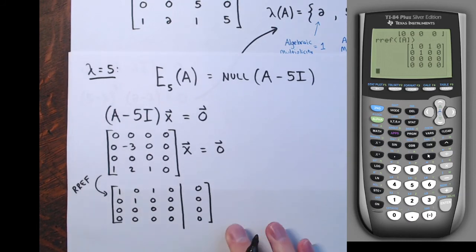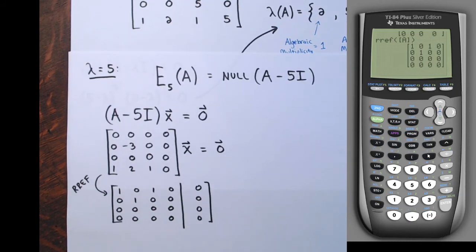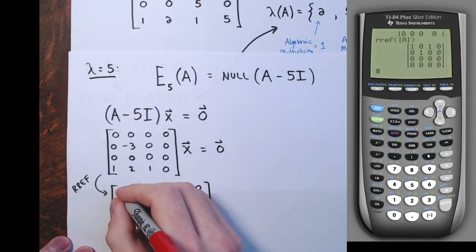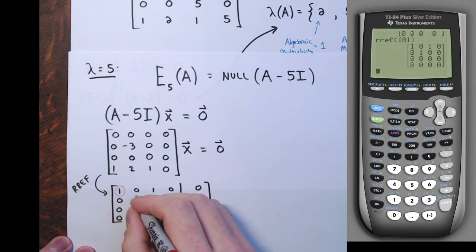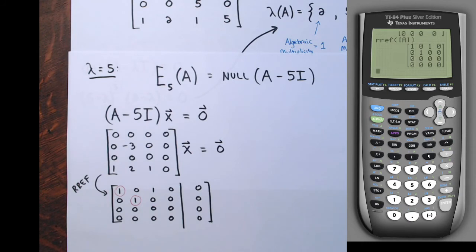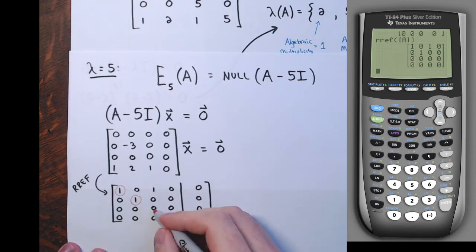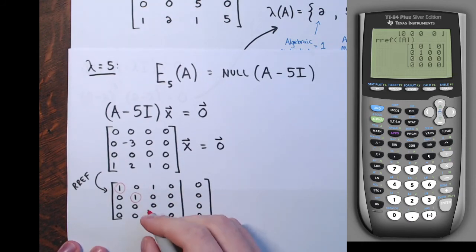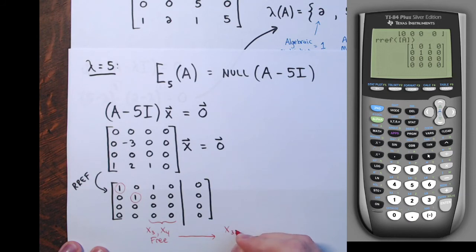That's fine. Alright, so again, I identify my basic variables, which would be x1 and x2 that correspond to these leading ones, these pivots. And so these two columns don't have a pivot, right? Don't have one of those leading ones in it. So x3, x4 are free. And as I like to do, I'm going to have x3 be replaced by, say, s.